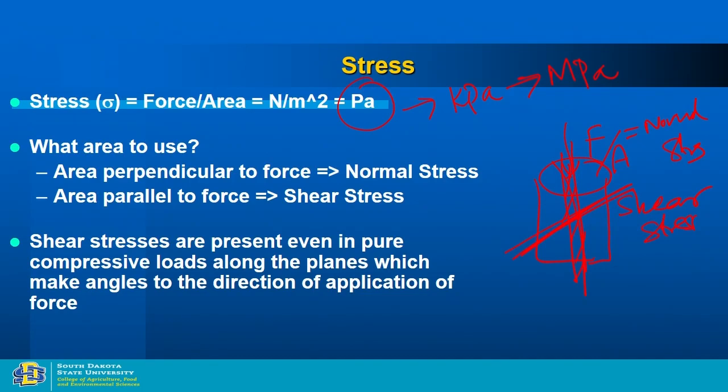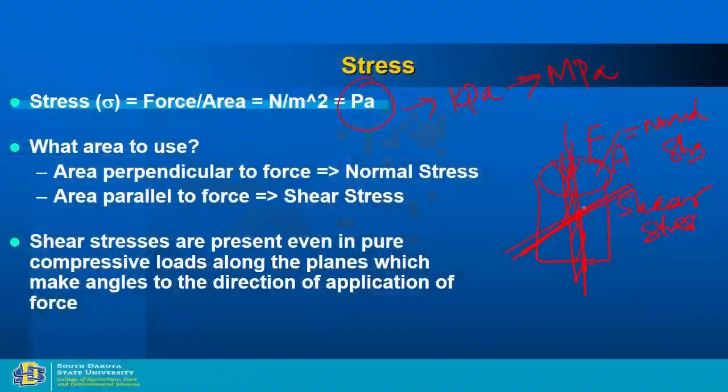You will really monitor this when we do the actual compression test. It's the direction of application of force that makes the shear stress. So there is more shear stress happening in the compression test than actual compression itself.